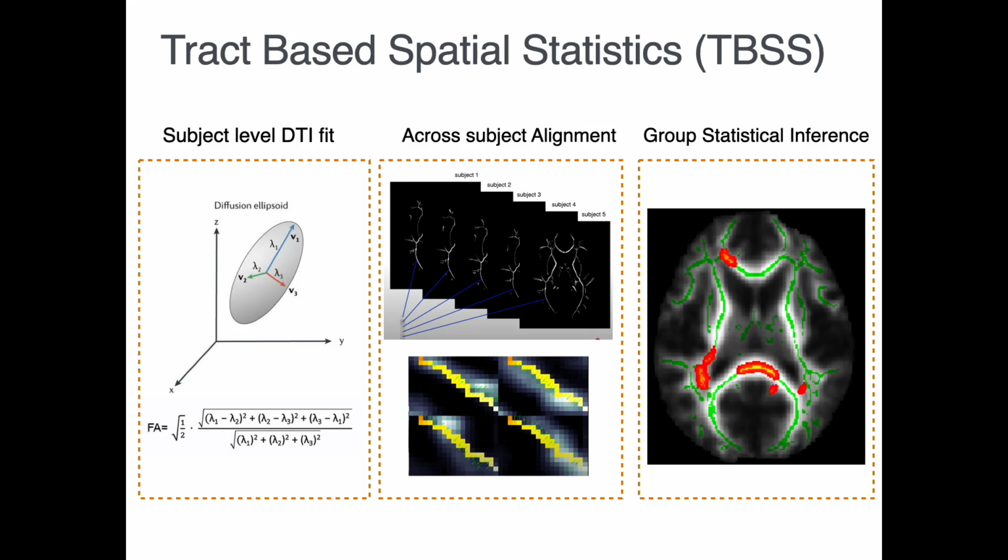Then it registers these skeletons to a common template space and projects FA values to these skeletons per subject. All of these steps are taken to ensure that the subjects' data are highly aligned and we are comparing the same measurements across different subjects. And that's a key reason why TBSS has been so successful and widely used in the literature.